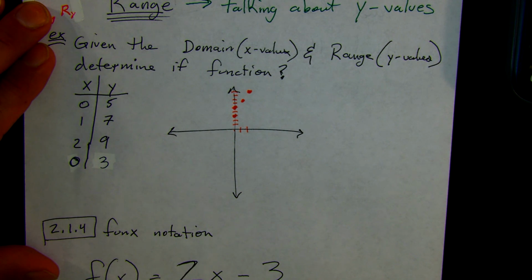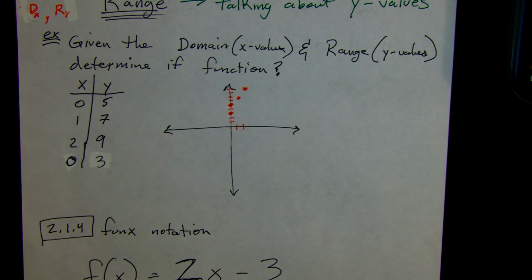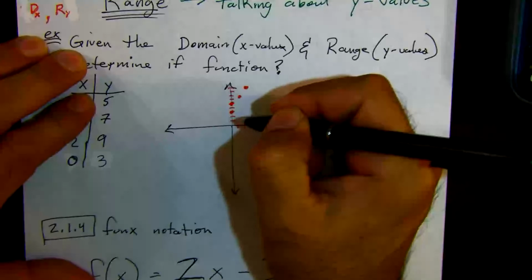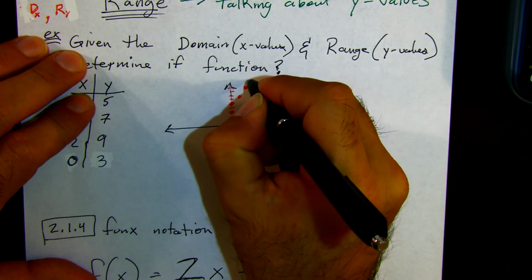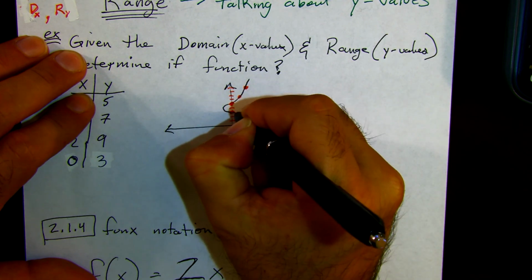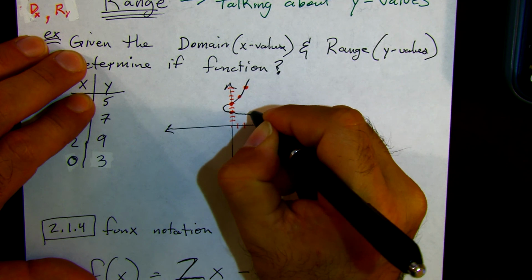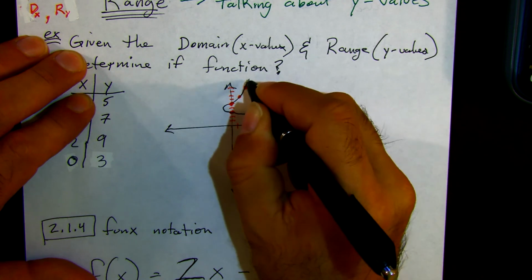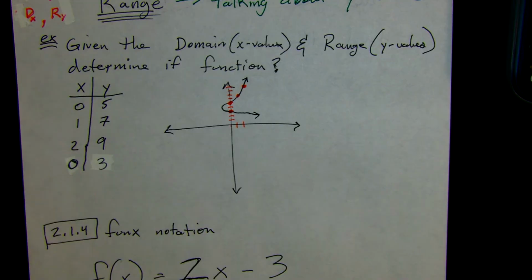Okay. So there's a bunch of ways you could think that those points are going to connect. I would say that it might be, I'm going to go with this. Ooh, that's weird.